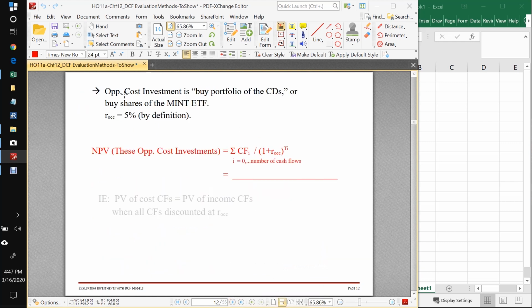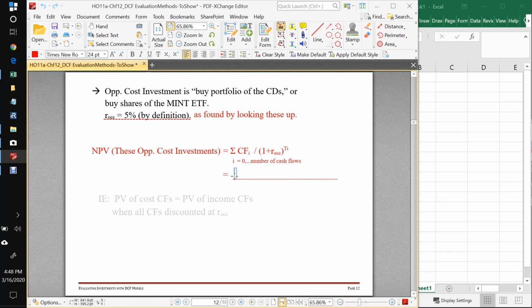Okay, so in this case, our opportunity cost investment is going to be buy a portfolio of the CDs or buy shares of the Mint ETF. In either case, we've found from our research that those have a discount rate, yield rate of 5%, as found by looking these up. And so the NPV of these investments is going to be found by just plugging into our NPV equation here, okay?